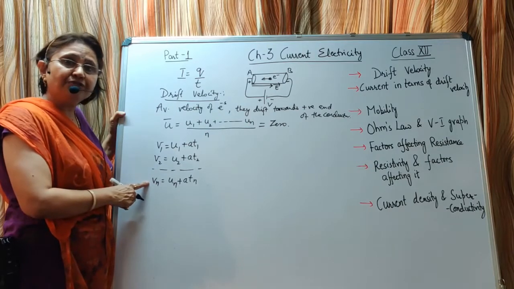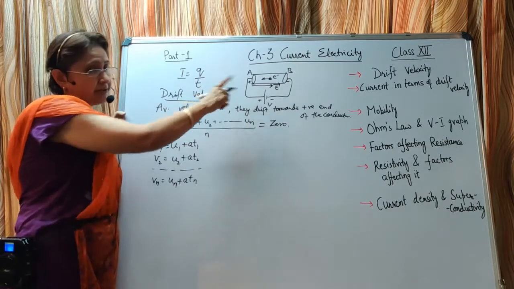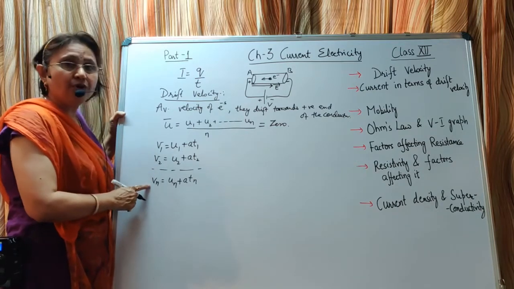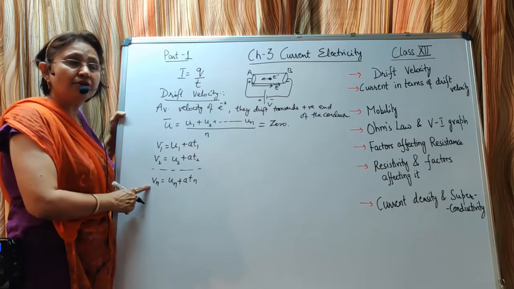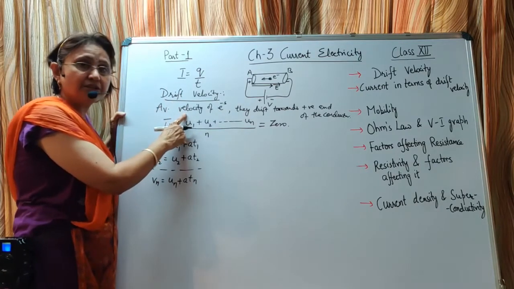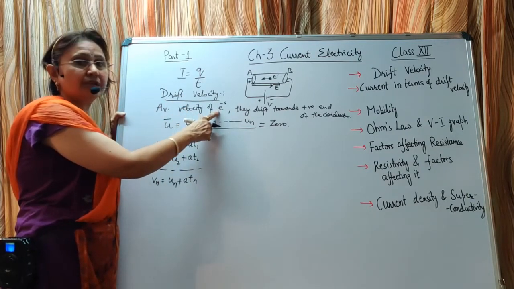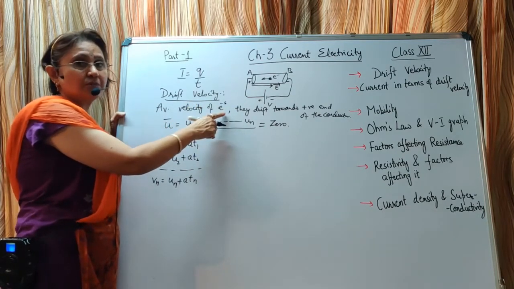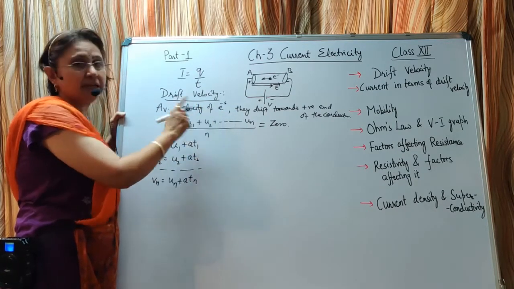Now let's find out the average of these final velocities when the electric field is set up in the conductor. This average of all the final velocities we call the drift velocity. Why? According to the definition, it is the average velocity of the electrons with which they are drifting towards the positive end of the conductor when the electric field is set up.